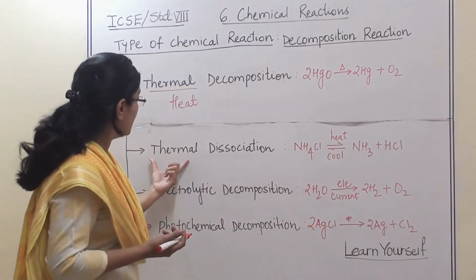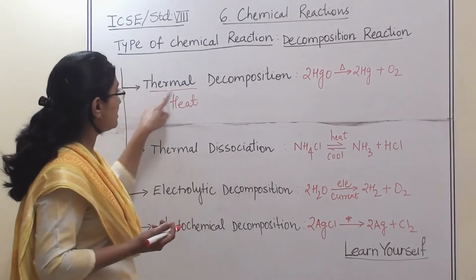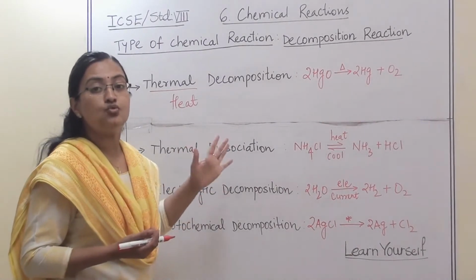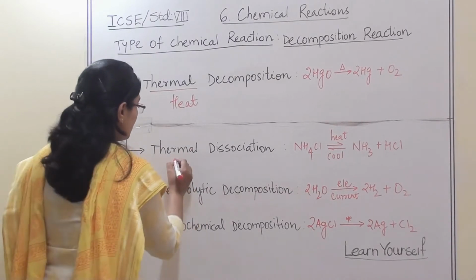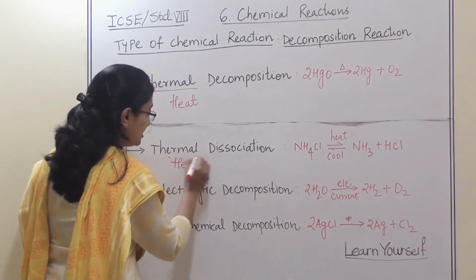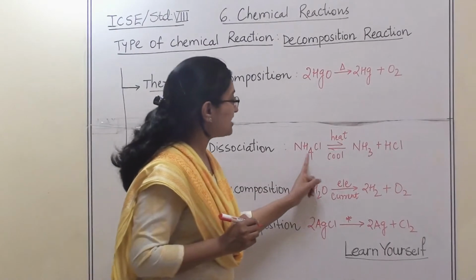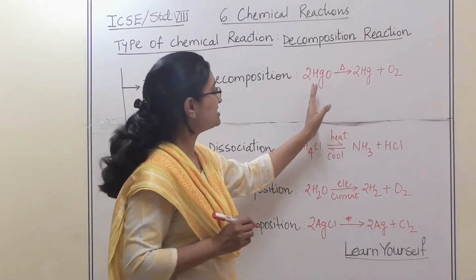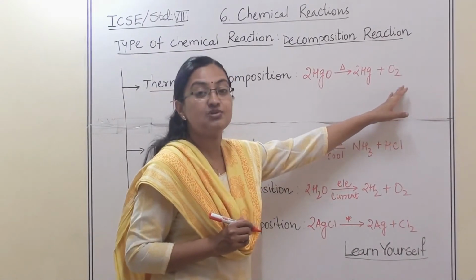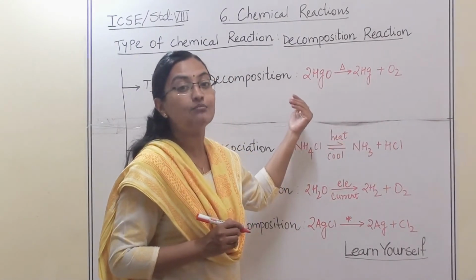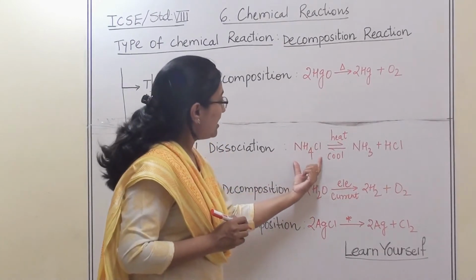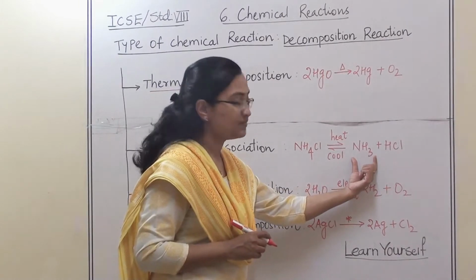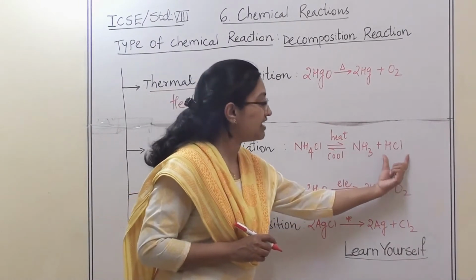The second one is thermal dissociation. This is thermal decomposition and this is thermal dissociation. These two are different. This is also carried out with the help of heat, but this reaction is reversible, whereas the other reaction is non-reversible. Once the mercury and oxygen have been formed, they cannot go back on their own. Here, ammonium chloride, when we heat it, will dissociate into two simple compounds, ammonia and HCl.